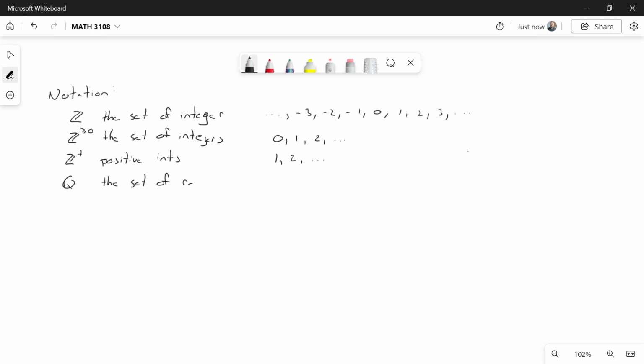So the set of rational numbers. This is everything of the form a over b, where a and b are in, so that's the symbol for in, the integers, but b cannot be 0, obviously, because we can't divide by 0. Problematic. Our set of real numbers.